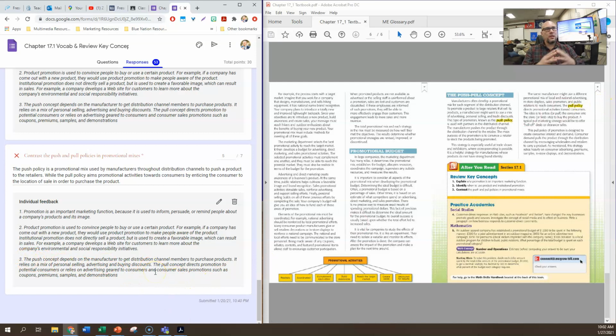The push concept depends on the manufacturer to get distribution channel members to purchase products. So that's the retailers. That's the push concept. Push equals retail. It relies on a mix of personal selling, advertising, and buying discounts. The pull concept directs promotion to potential consumers, people who actually put money toward the goods, or relies on advertising geared to consumers and consumer sales promotions such as coupons, premiums, samples, and demonstrations.